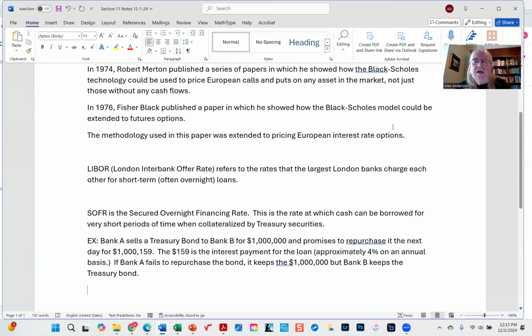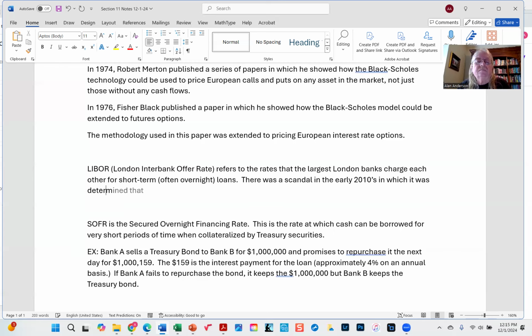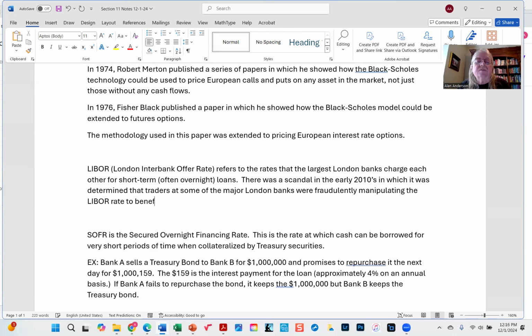So there you go. Oh, I forgot to mention, there was a scandal in, let's say, the early 2010s, I'm going to say, in which it was determined that traders at some, not all of them, the major London banks were fraudulently, and I don't know exactly how they pulled it off, but were fraudulently manipulating the LIBOR rate to benefit themselves.